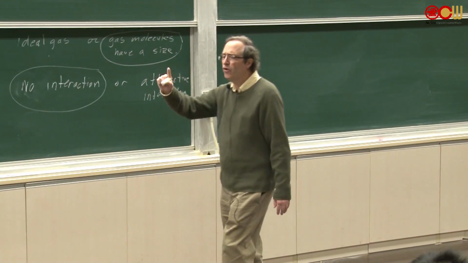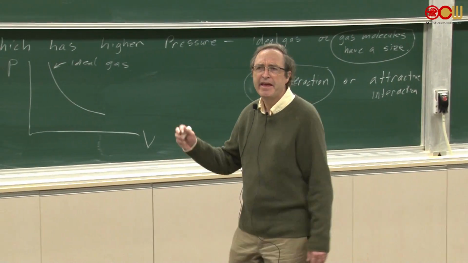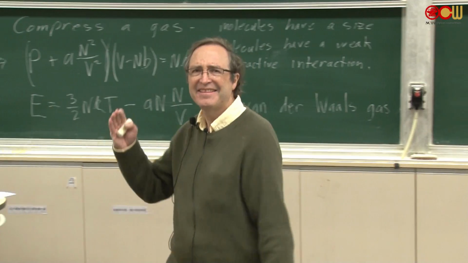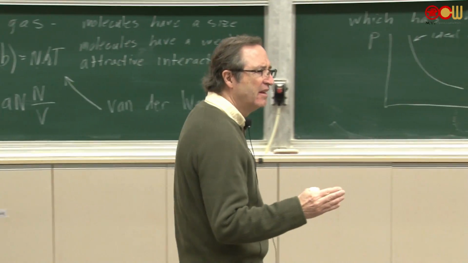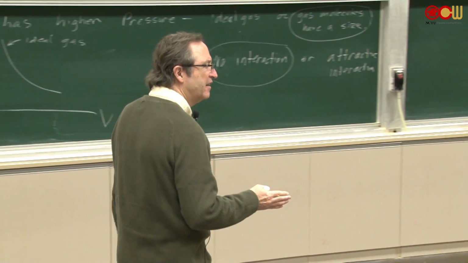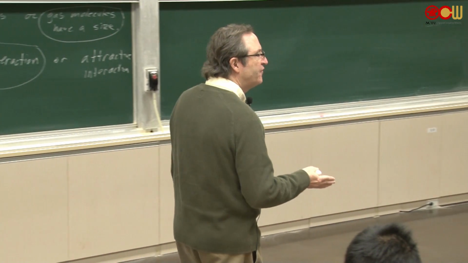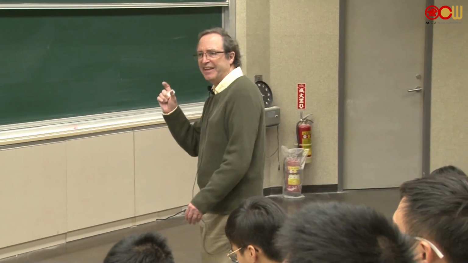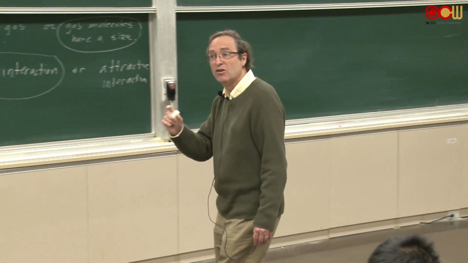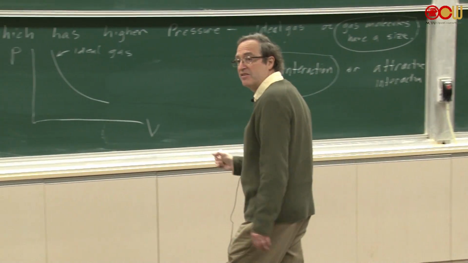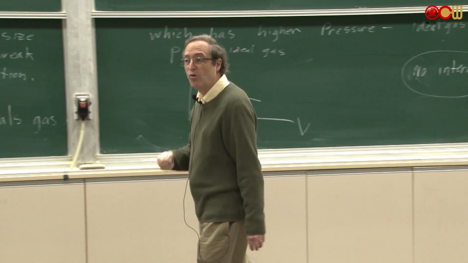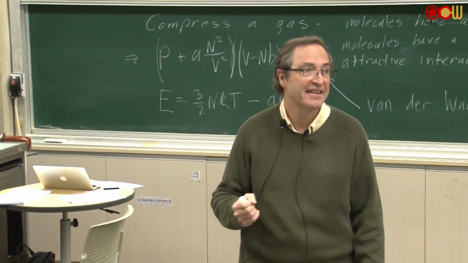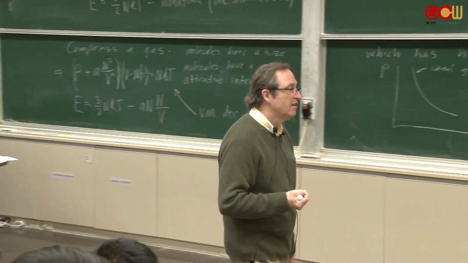Now, which of these two effects are going to be important at different densities? At the highest density, the very highest density, so the lowest volume, which do you think will be more important? The attraction or the size of the particles? What's going to be more important at the highest densities?